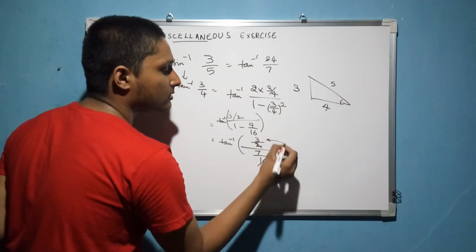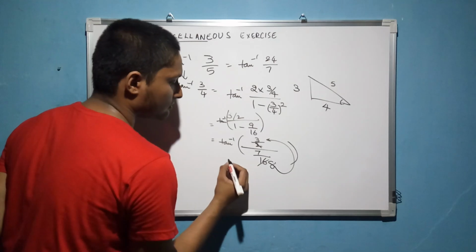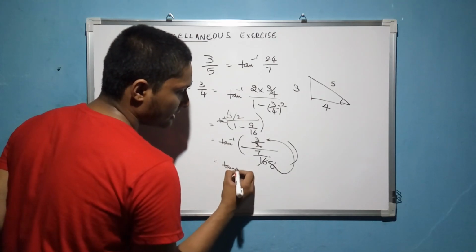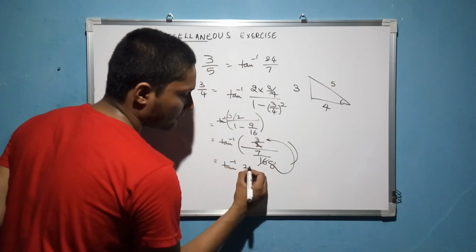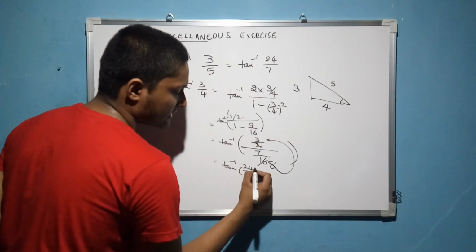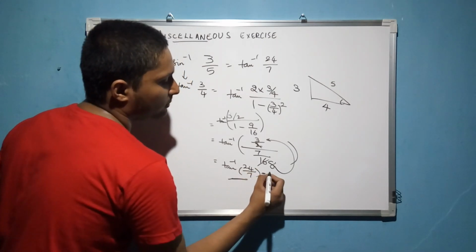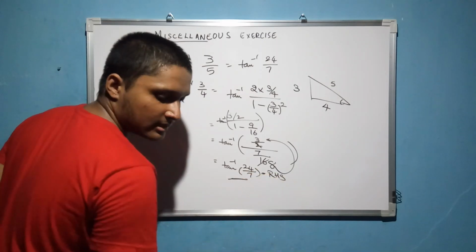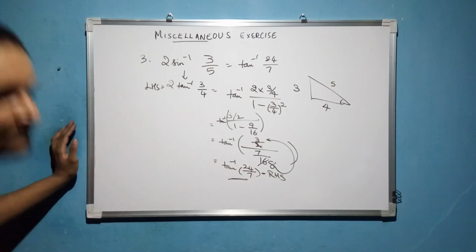So 8 will go to the numerator now. So this comes to be tan inverse 3 into 8 is 24, and you have 7. Tan inverse 24 by 7, that comes to be the right hand side.